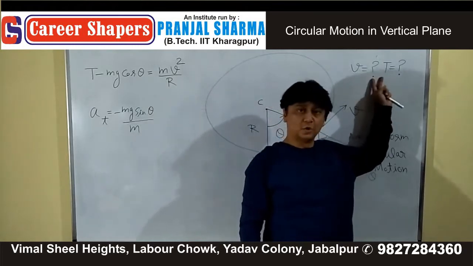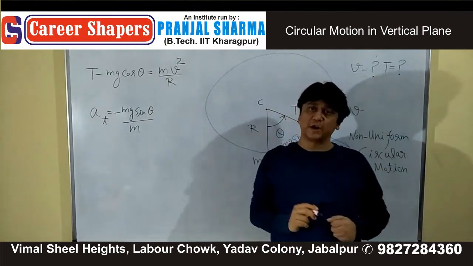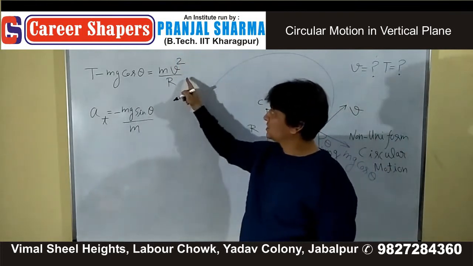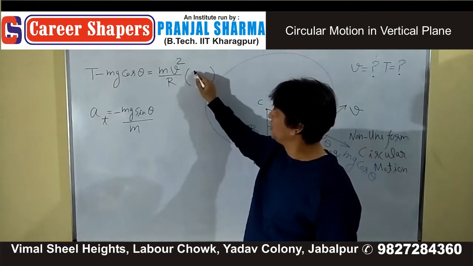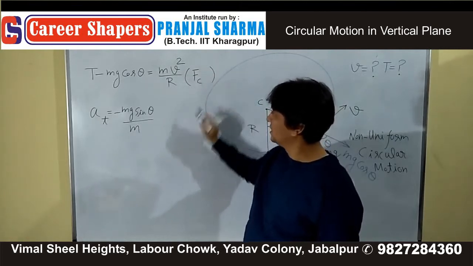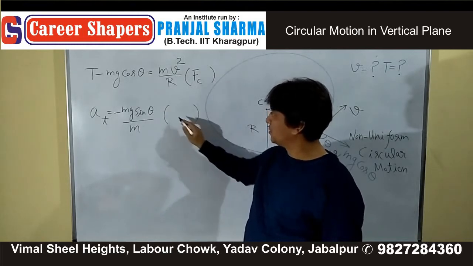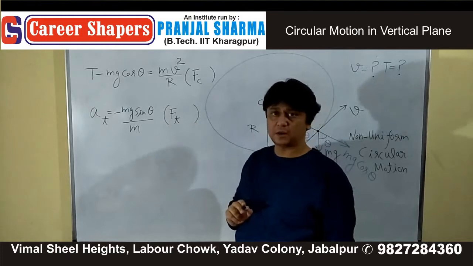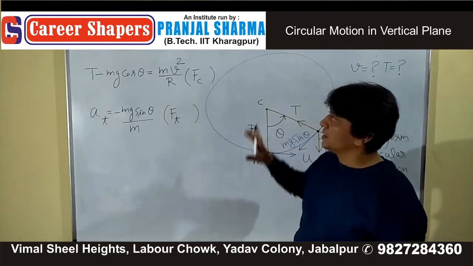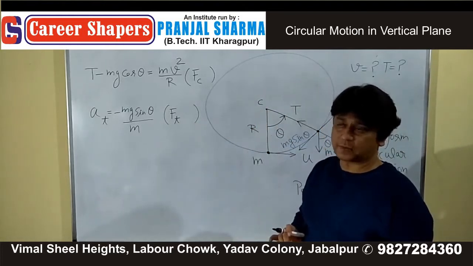There are two unknowns. We must have two separate equations. First, it's coming from the information of centripetal force Fc. Second one is coming from the information of tangential force Ft. These are the basics.